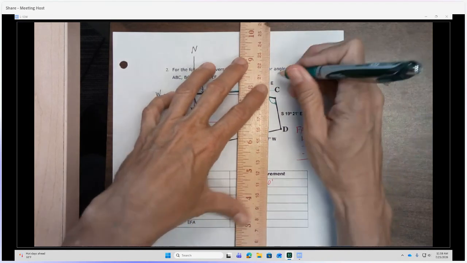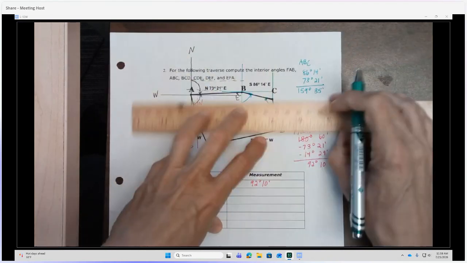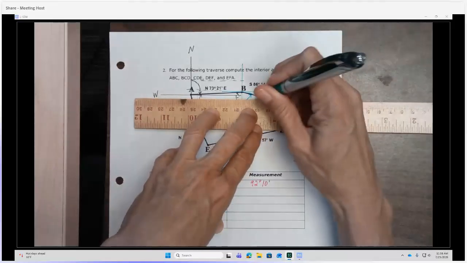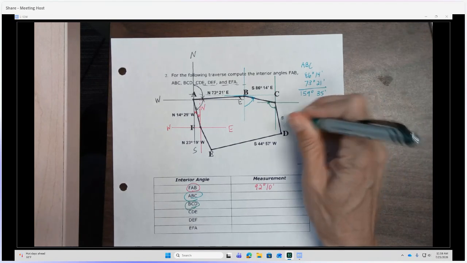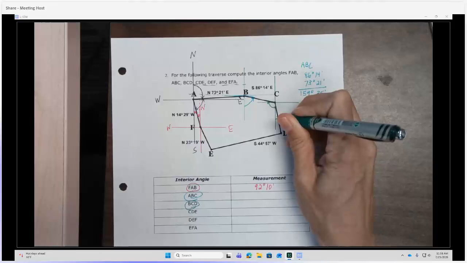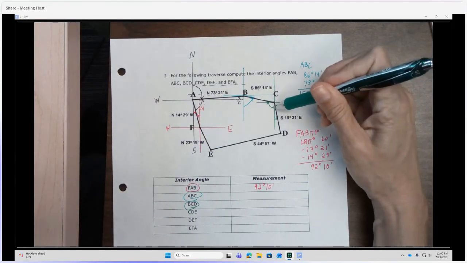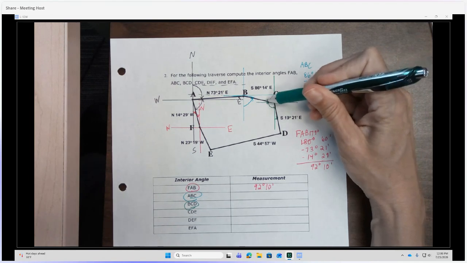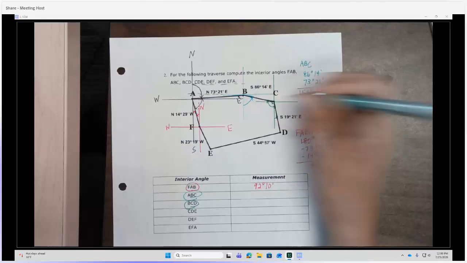So let's get a picture of what we know and what we don't know at this angle of interest. We do know this bearing is coming from the south going to the east, so we know this bit of that angle. So what we're missing is this piece in here. So we can see that part of this piece is a 90-degree angle, right?